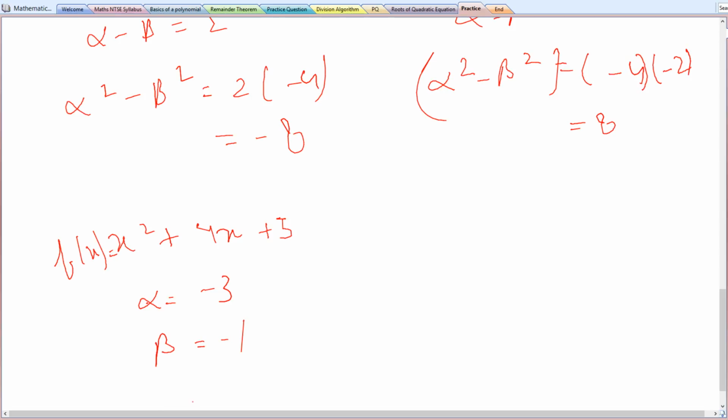But there is one problem: I can also write alpha is equal to minus 1 and beta is equal to minus 3. There is no fault in that. There is no rule that I have to write the smaller value at alpha and the bigger value at beta, or the other way around. Hence there are two possible ways we can represent alpha and beta. Although both are correct, hence the value of alpha square minus beta square has two possible values.